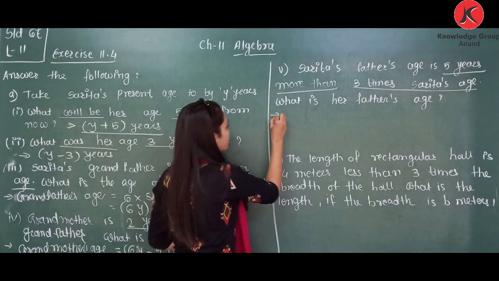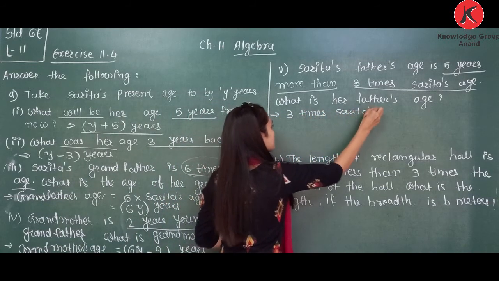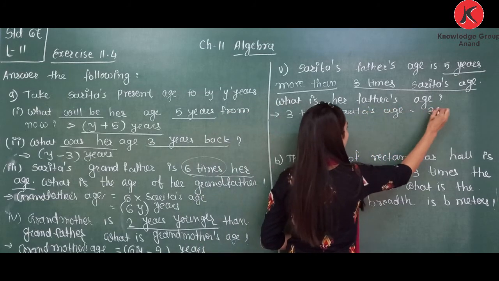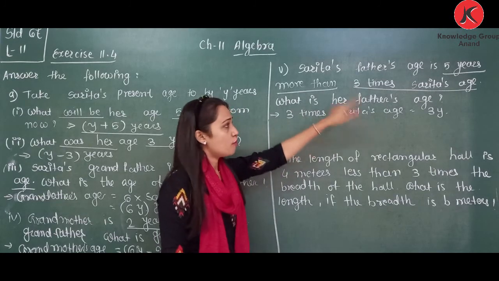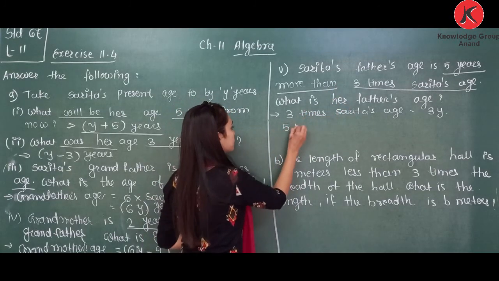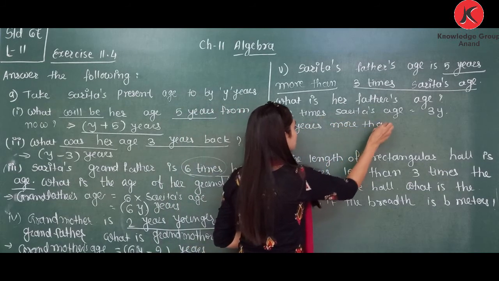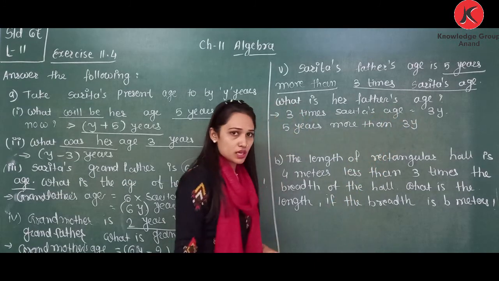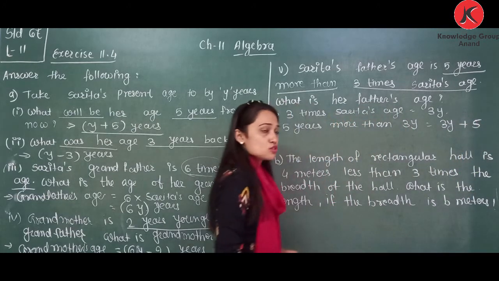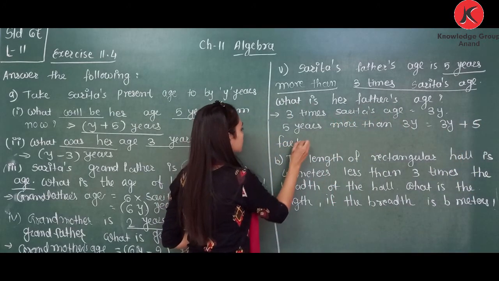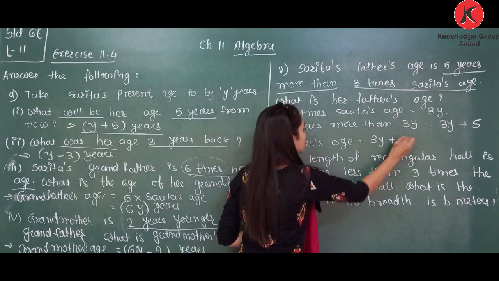So we can write 3 times Sarita's age, that is 3y. 5 years more than 3 times Sarita's age will be given by 3y plus 5. So father's age is 3y plus 5 years.